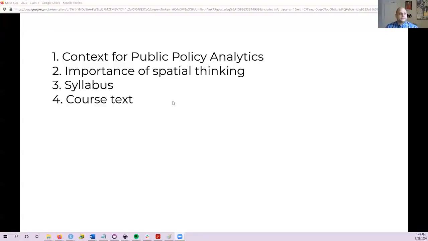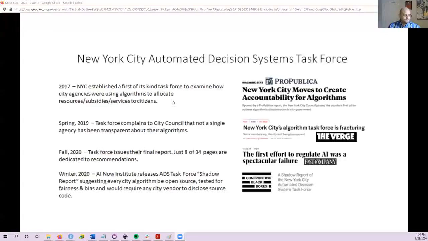So I want to start with a story from New York City that played out over the last couple years. New York City is probably ahead of any other American city in using analytics to make decisions.